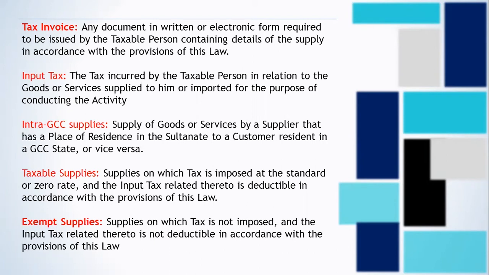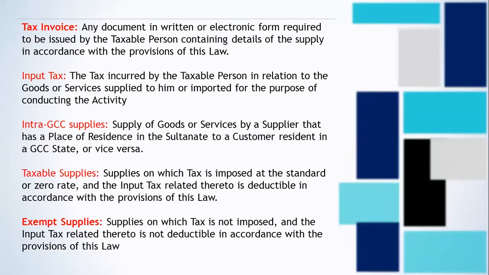So basically, a tax invoice is an invoice that the taxable person will give to the customer, which will show the VAT number of the supplier, the address, the quantity, description of goods, rate, amount, right?